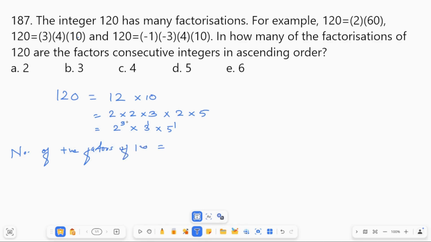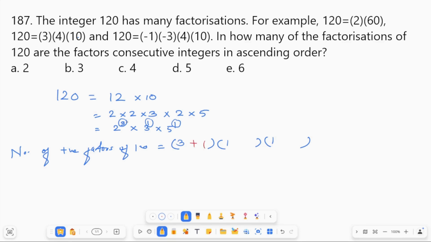Because we have 3 prime numbers, I am going to make 3 brackets here, and whatever their exponents are, here it has 3, here it has 1, and here it has 1. I am going to write them in each bracket. So 3, 1, 1. Now add 1 inside each bracket.